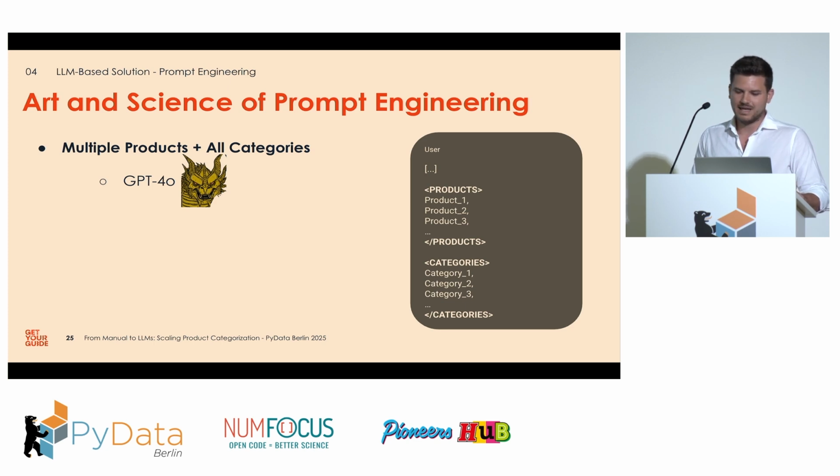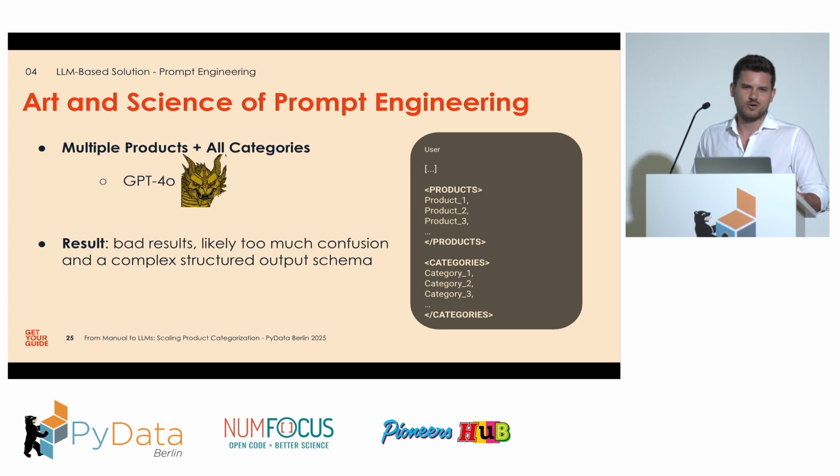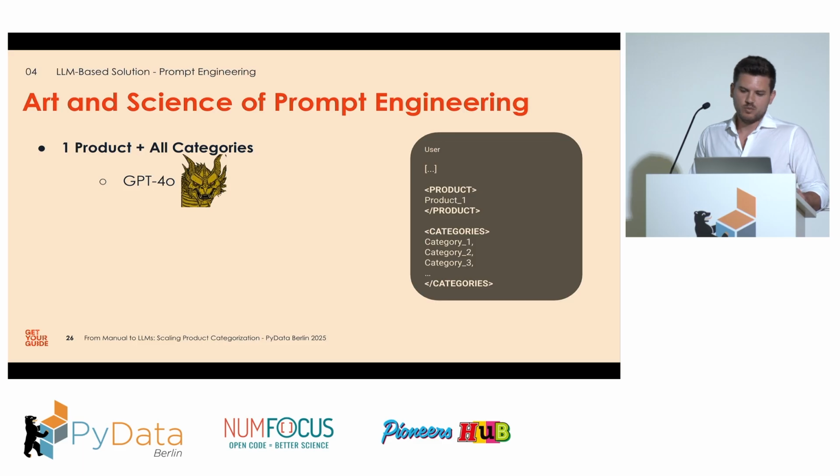We found out that the task was quite complex, hard to perform multi-label classification for several different products. So the results were quite poor. It was probably overwhelmed by the complexity, and the structure of the output was pretty complicated for this type of prompt. Then we made it a little bit simpler, one product with all the categories, still using GPT-4o.